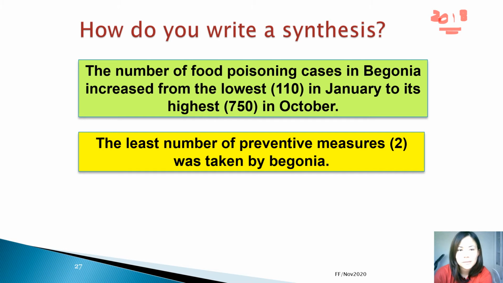Okay, let's examine the number of food poisoning cases in Begonia. So this is what we call subject reference. So it's correct subject reference. Begonia is the key feature, increase is the trend word, the lowest is a trend word, the data is in January, the time frame, to its highest, trend word, data, and time frame.